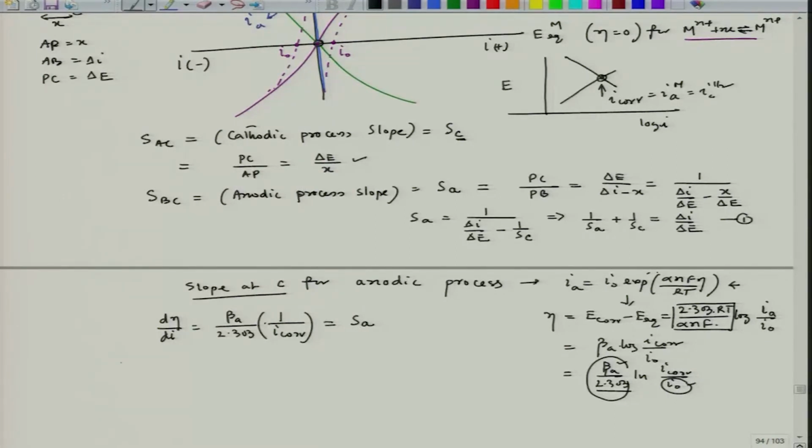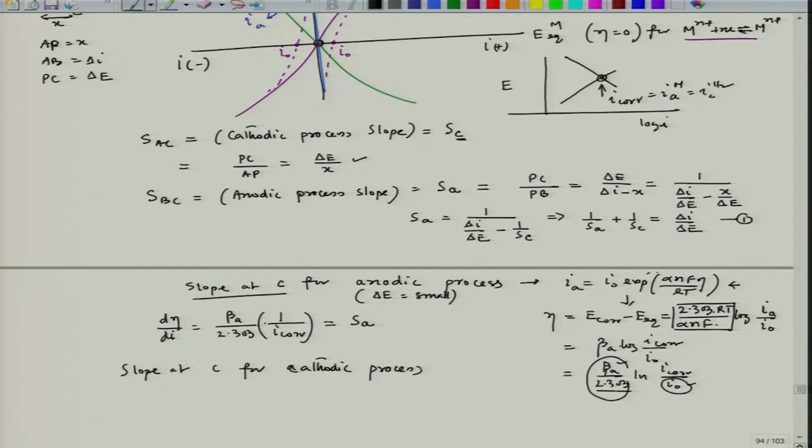Similarly, the slope at C for the cathodic process, and here one more rider is when ΔE is equal to small.